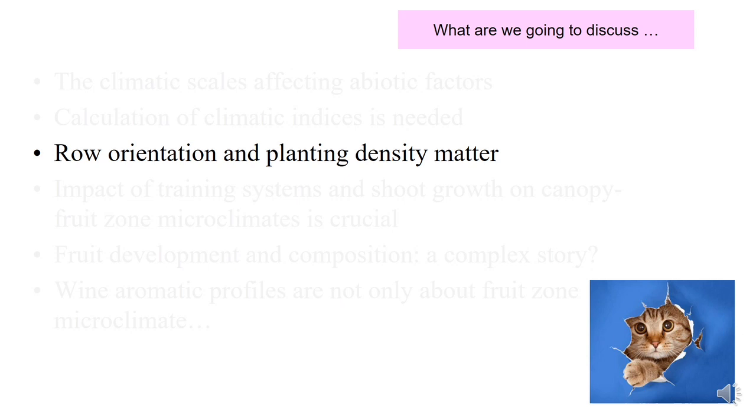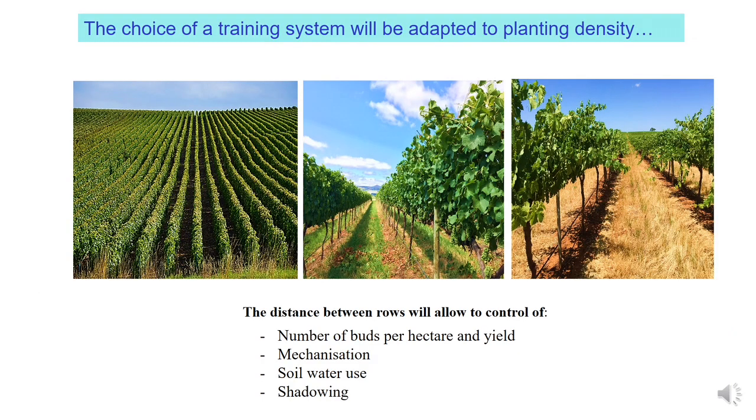What about the effect of row orientation and planting density on fruit zone microclimate? Obviously, plantation density, row orientation, and the choice of the training system will matter in terms of canopy and bunch zone microclimate.